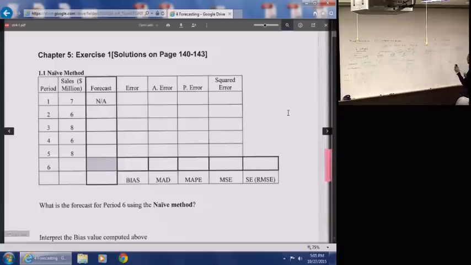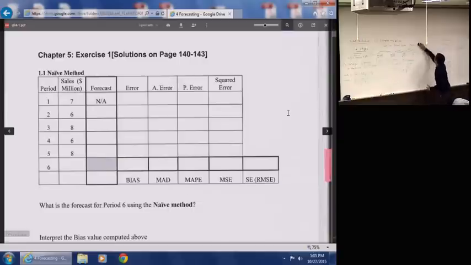Okay, and the last one is R-squared. R-squared is mainly used in regression. When you run a regression in Excel, it always reports an R-squared statistic. To get the R-squared statistic, you do the following.